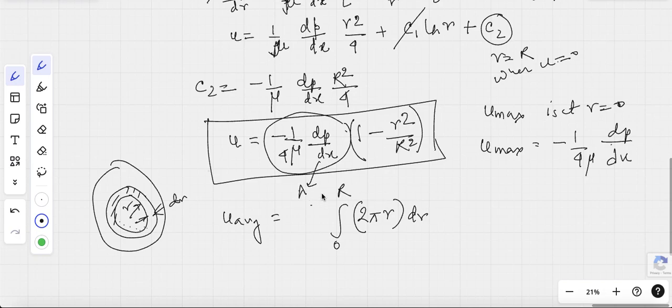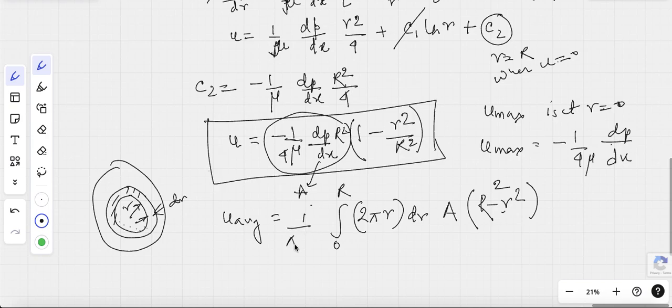It's the a. I think I've missed an R square term over here, R square minus r square, right?